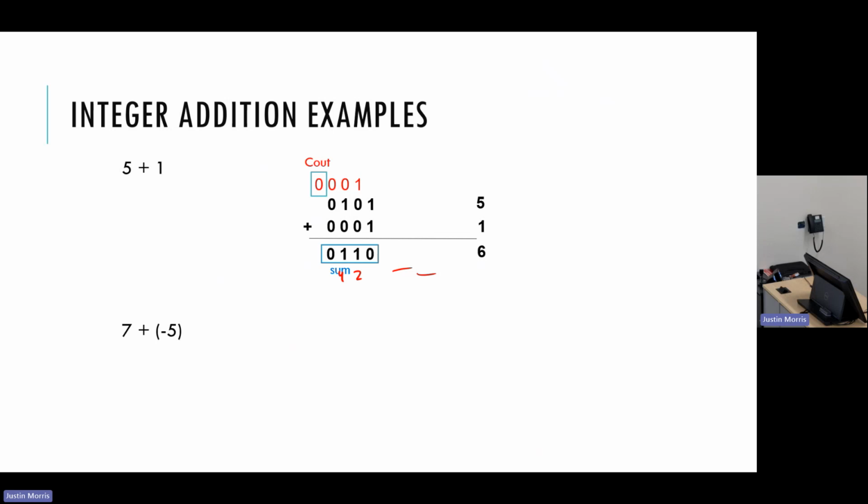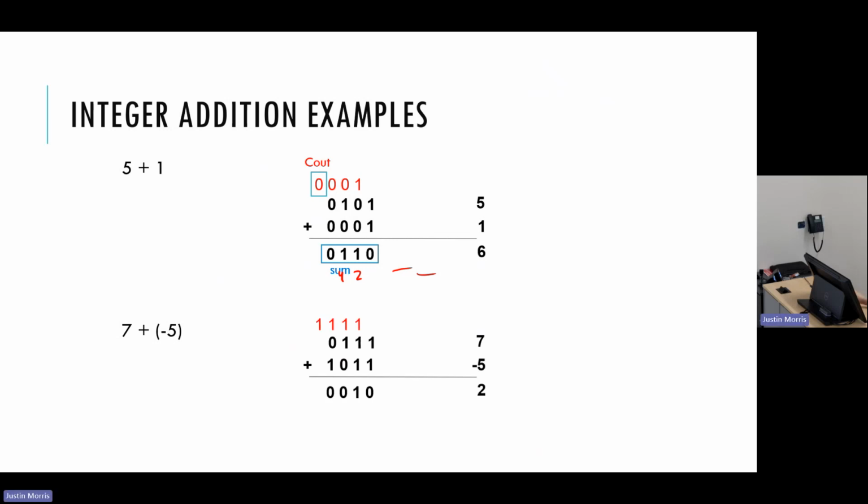So another thing is we can do addition of negative numbers. I'm not going to go through the process of explaining why the 2's complement works. But just know that you do the addition the same way.